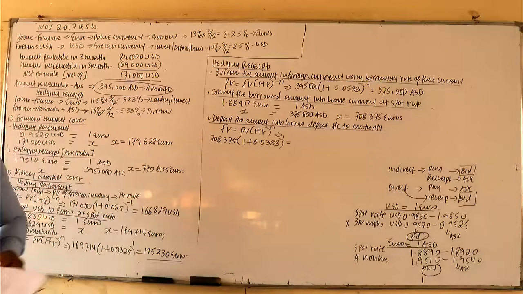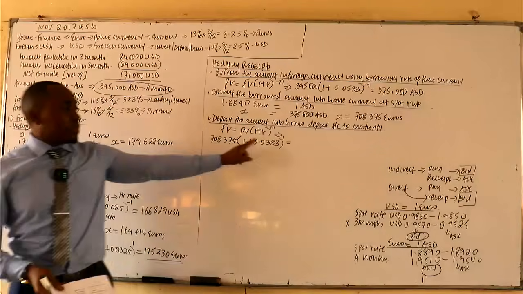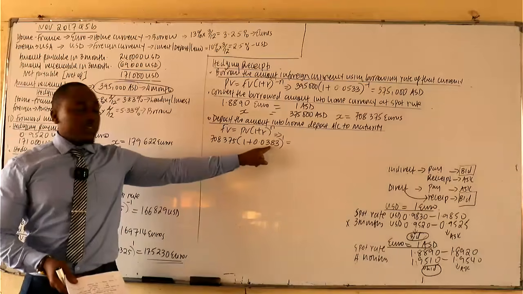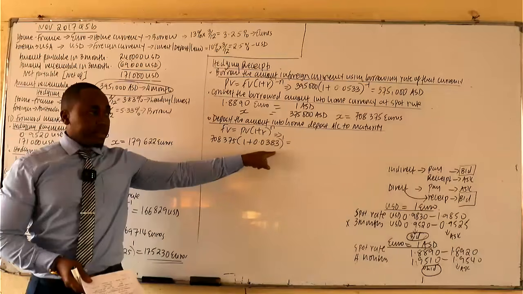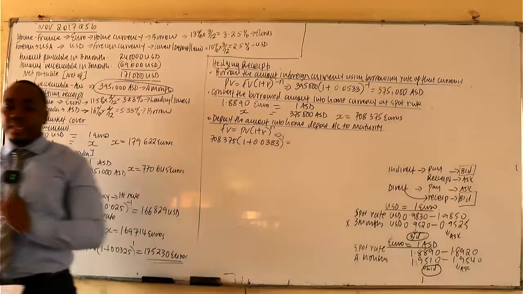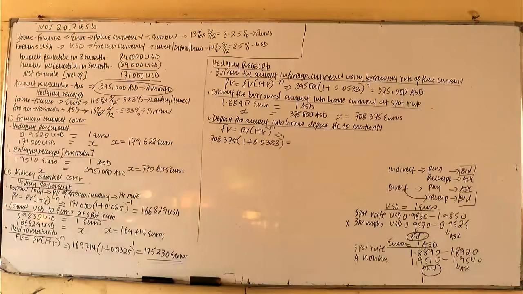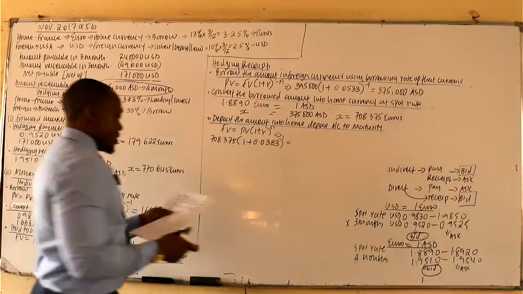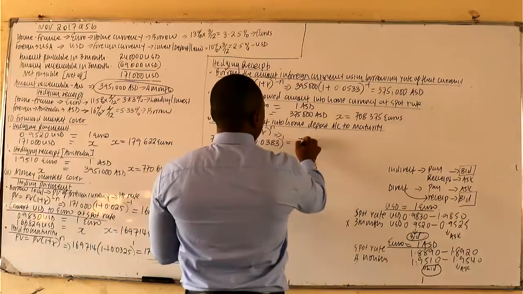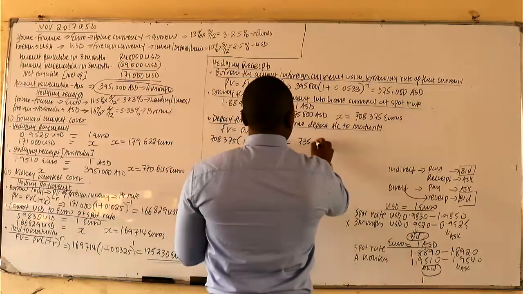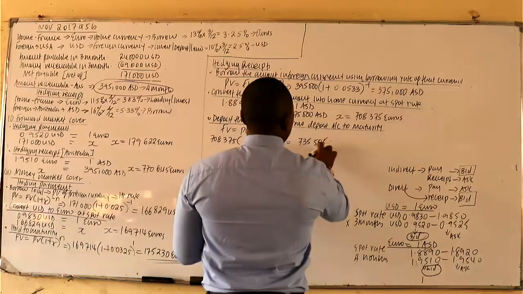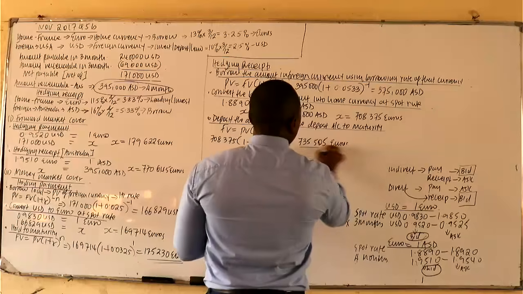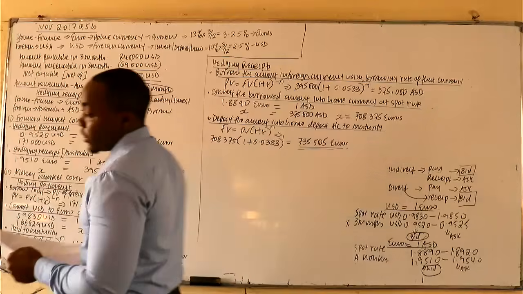So upon maturity, if you invest this now and you will be earning an interest of 3.83%, how much will be the value after 4 months? In that case, you'll get an amount of 735,505 euros. Good.